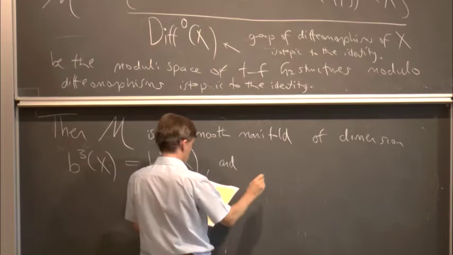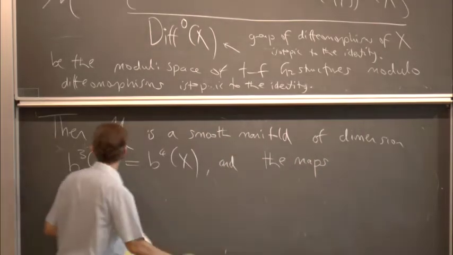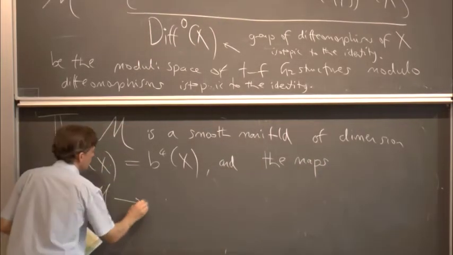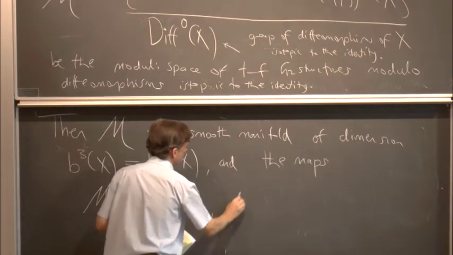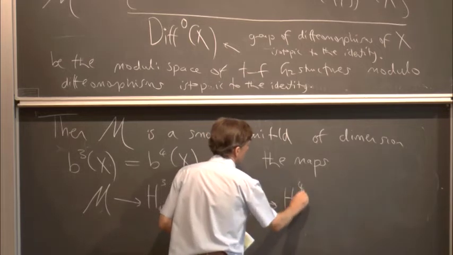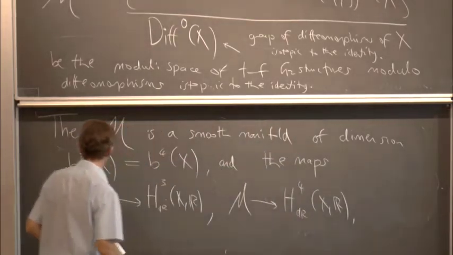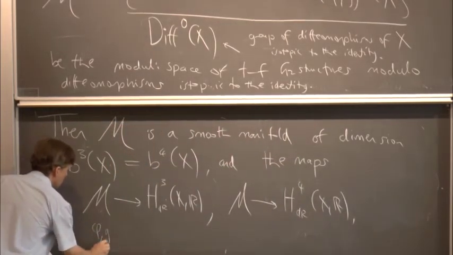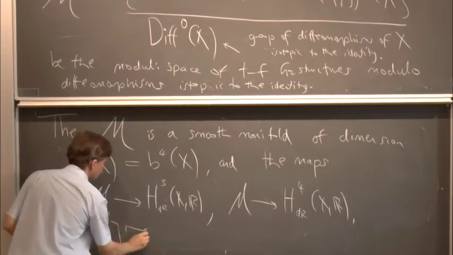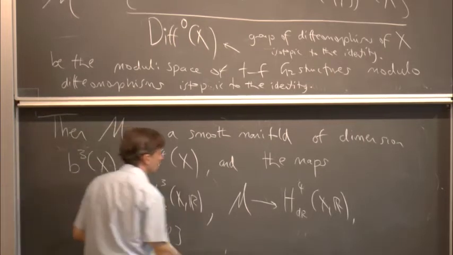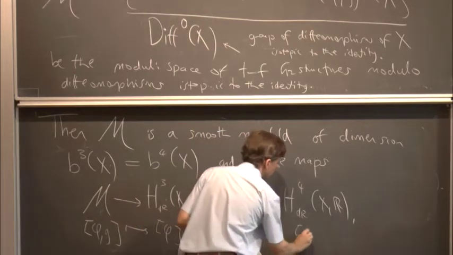And the maps from the moduli space M into the third de Rham cohomology group of X, and from M into the fourth de Rham cohomology group of X, which take the diffeomorphism class, let's write it in square brackets, of (phi, g) to the cohomology class of phi, and again the diffeomorphism class of (phi, g) to the cohomology class of star phi.